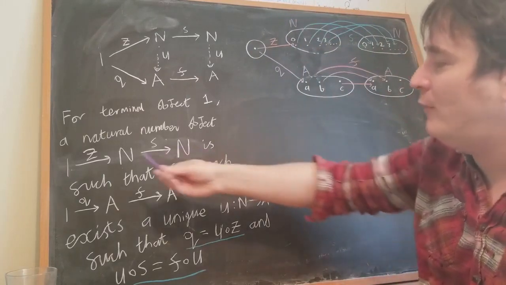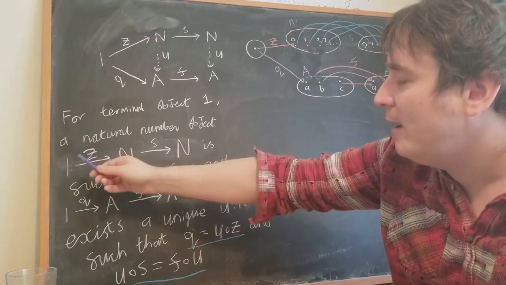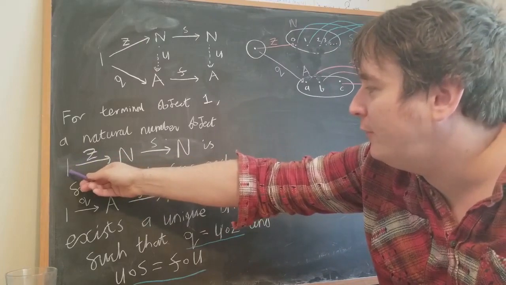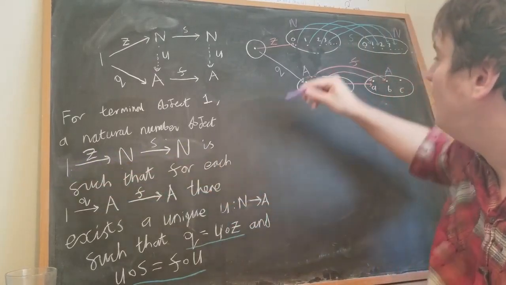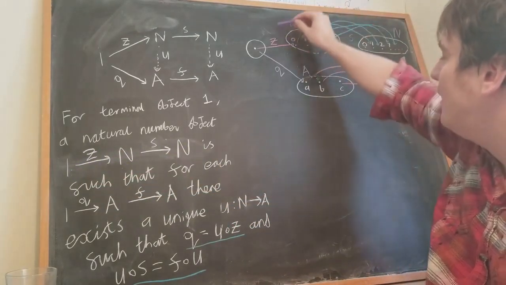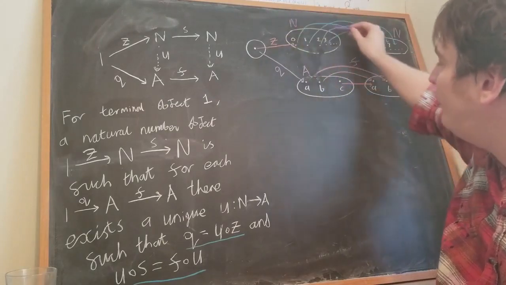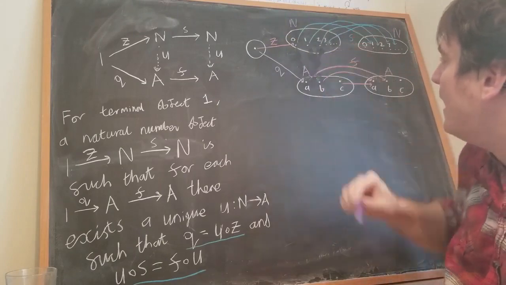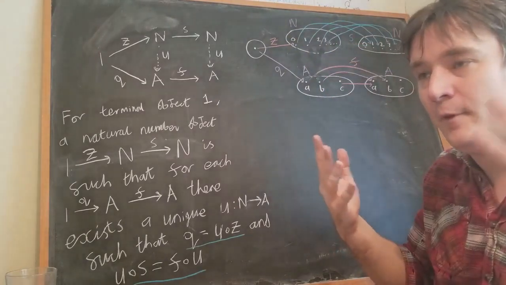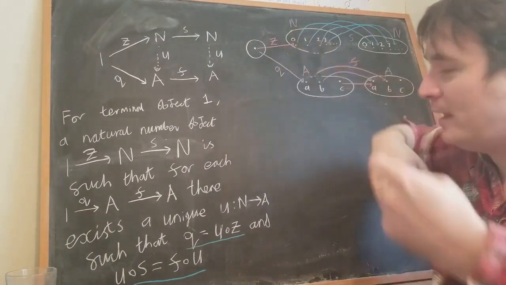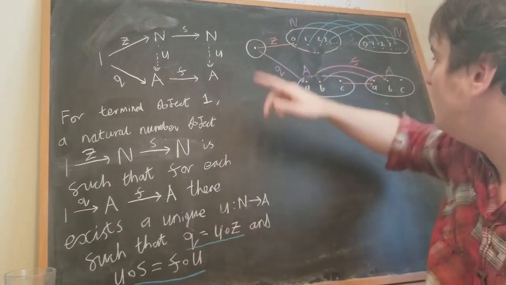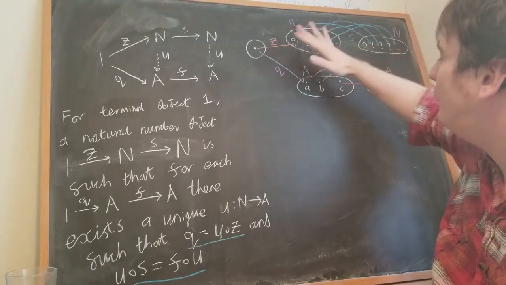So how do we interpret this Z from the terminal object into N? Well, N here represents the collection of natural numbers. This is what we're really trying to define. So this is all the non-negative whole numbers, 0, 1, 2, 3, and so on.